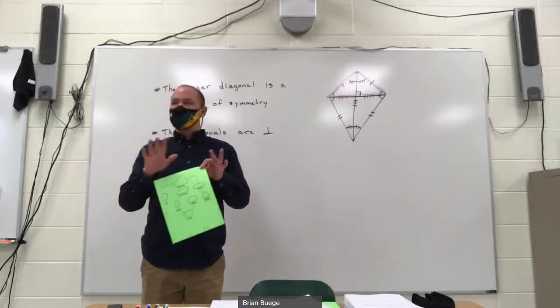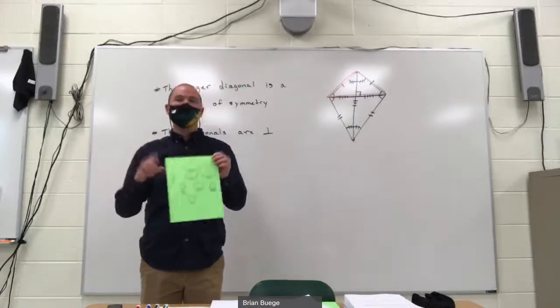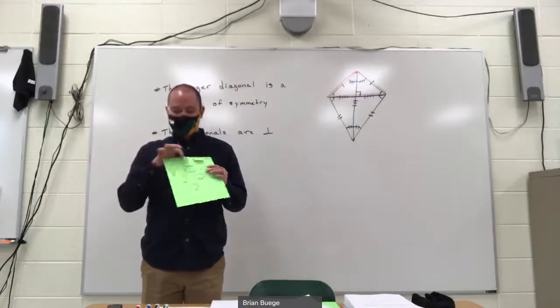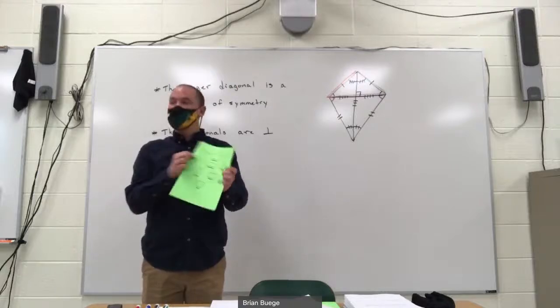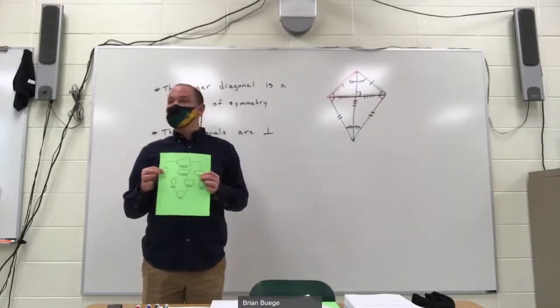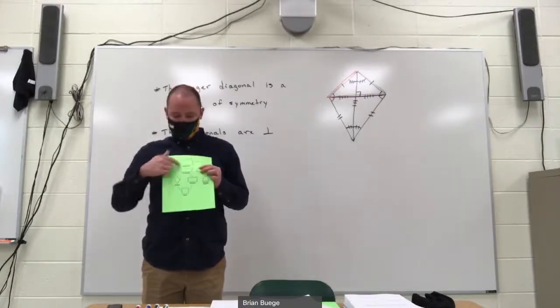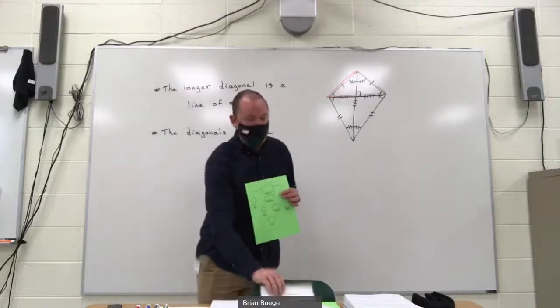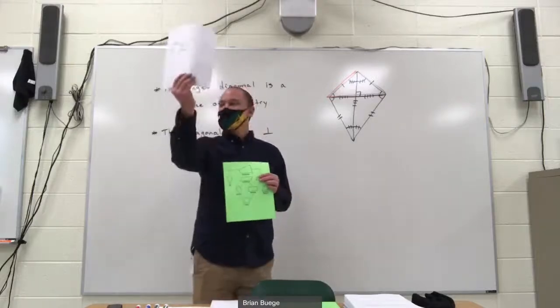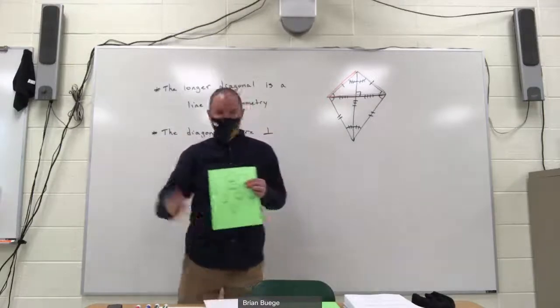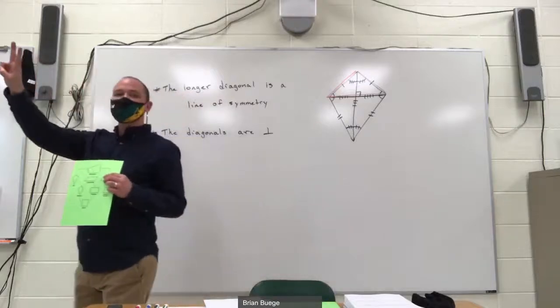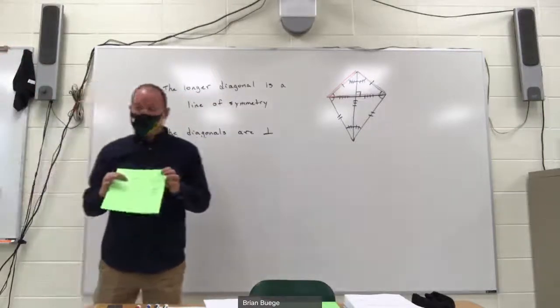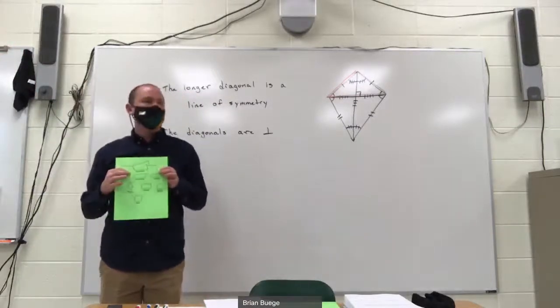And that's kind of how we're organizing this flow chart, if you will, of quadrilaterals. Well, if you go over here to the left, the kite's the only one that doesn't have any sides parallel. If you go down the middle here, you can see on the lesson packet, all of the shapes down the middle have two sets of parallel sides. And you can probably guess what's coming over here to the right.